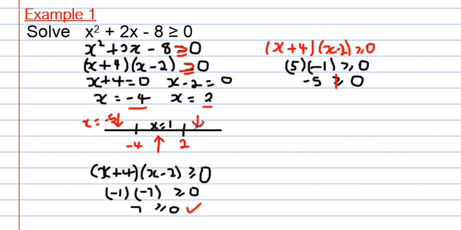Let's try another number. Let's try the region more than 2. I'm writing it out each time for the purpose of the students that get confused about why we are doing this. Here you go: we are testing each interval, each region, to see which ones will satisfy the inequality.